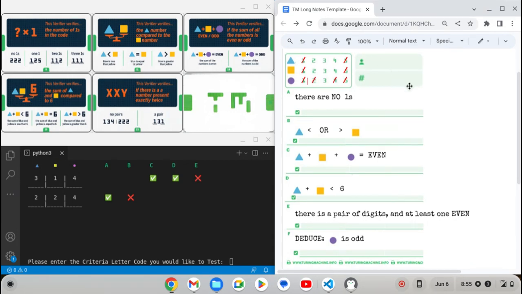Okay, so there are no ones, and I believe because of criteria card D, I don't think there could be any 4s, because 4 plus 2 or 3 is already greater than or equal to 6. Oh, that's very interesting. So without them telling us, that just happened. Interesting. Okay, so no 4s.